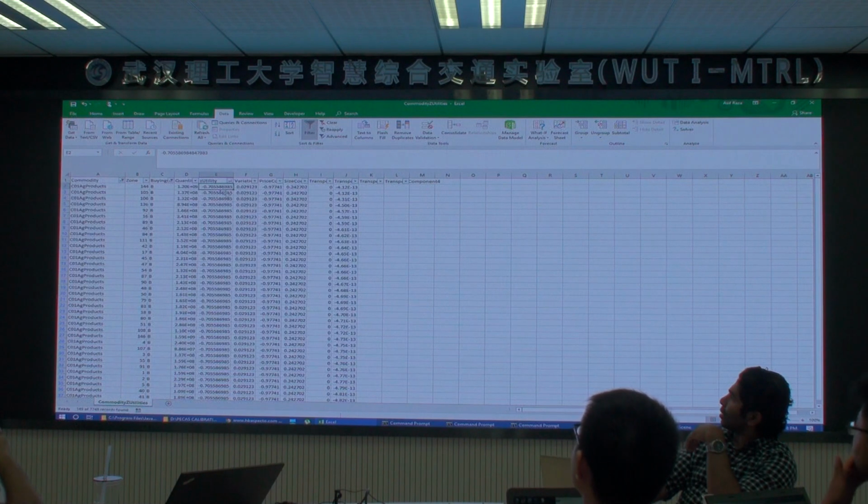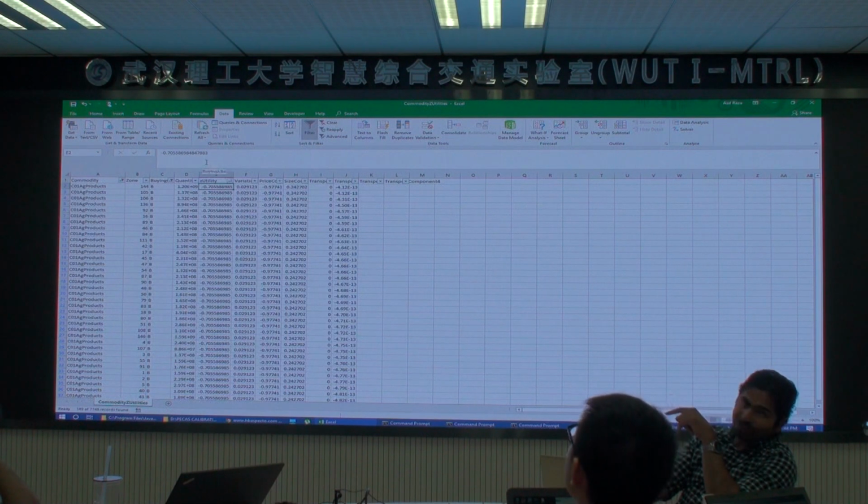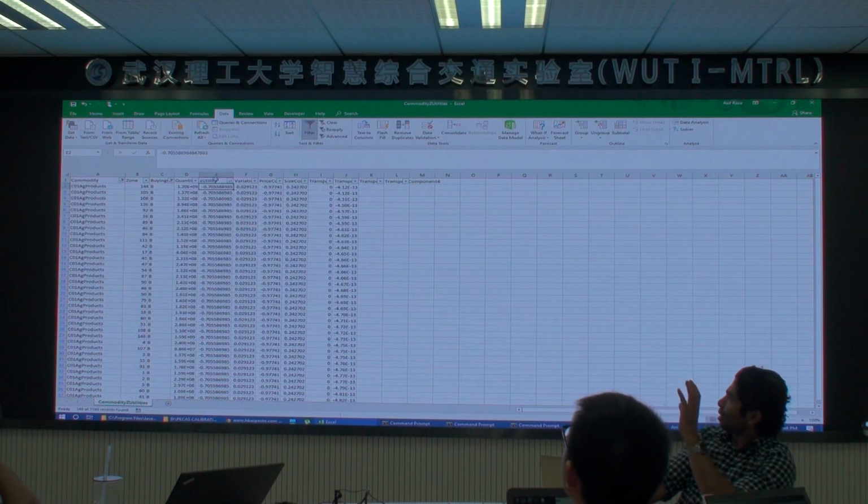Yeah, so here we put it to understand. So you see that the values are different. It is a small difference, but we use these values to calculate the attraction.